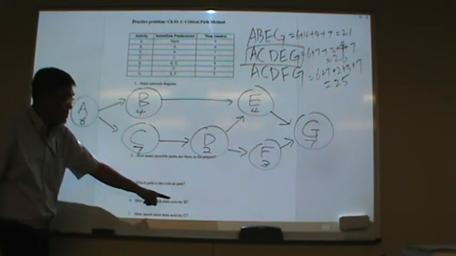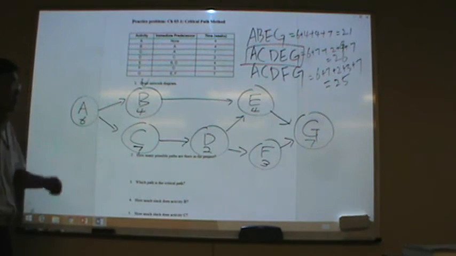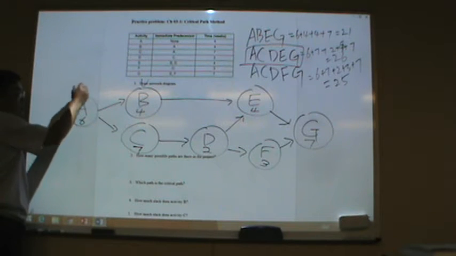How much slack does activity B have? Activity B, this one. Let's see. Early start time 0, early finish 6, right?